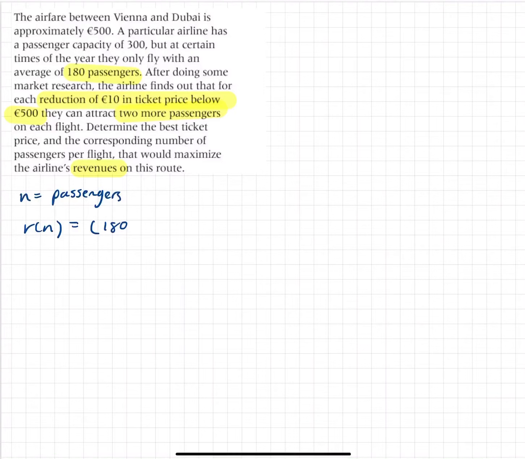And for every additional 2 passengers, the price then becomes 500 minus 10n. So this is how much you're going to have to pay in euros, and this is the amount of people.